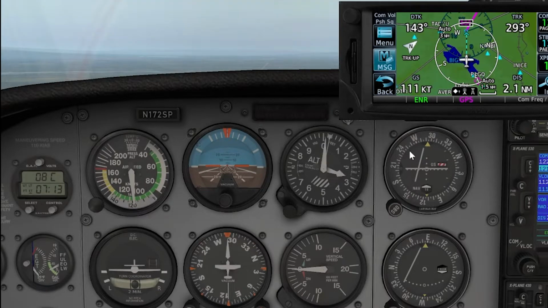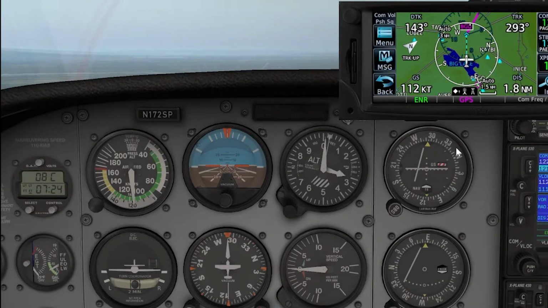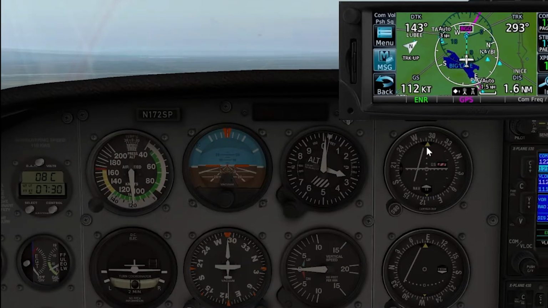Parallel entry, 240. We're going to fly parallel. What that means is we are actually going to fly the same heading as the radial they told us. So we're actually going to fly a heading of 240 when we cross over the Big Lake VOR.